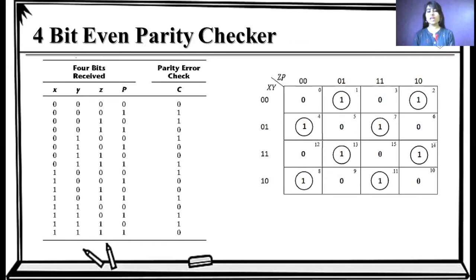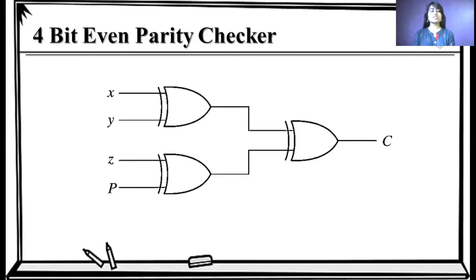So here we have a K-map for this combination. Here we can't simplify the logical function, but this shows that we have a logical function of C as X XOR Y XOR Z XOR P. For the even parity checker, we have the equation C equals X XOR Y XOR Z XOR P, which can be implemented over here as X and Y XORing, Z and P XORing, then again we XOR the outputs of these gates.